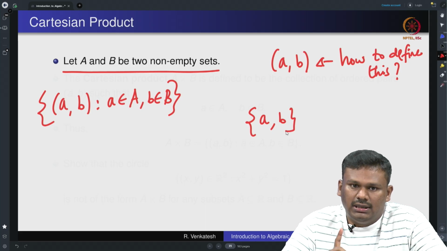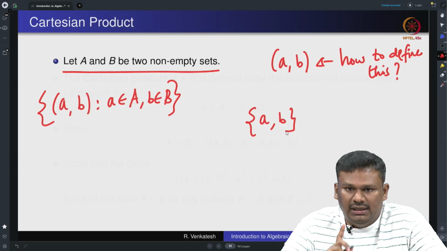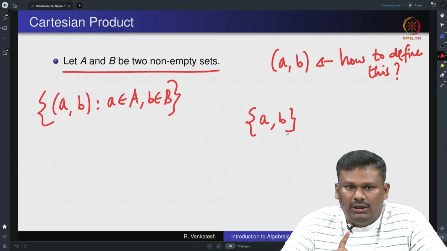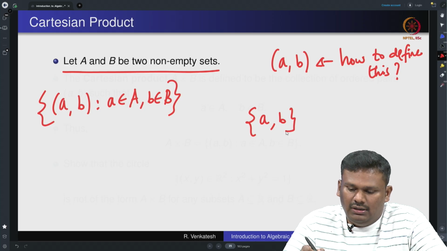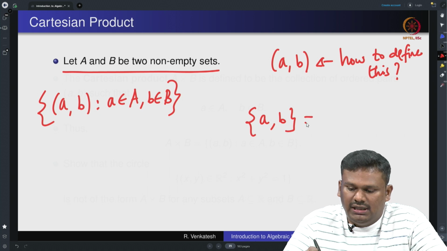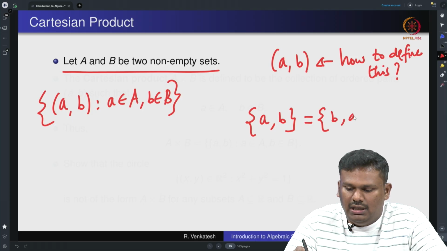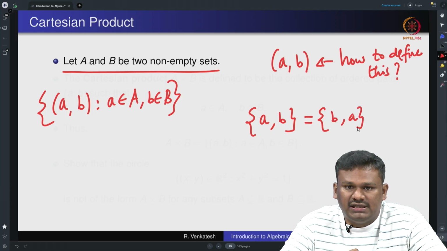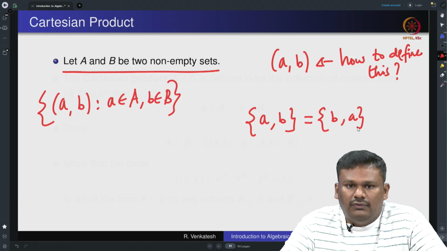The first component should come from capital A and the second component from capital B. But if I look at this 2-set consisting of a and b, then I do not know, because this set is the same as {b, a}. So, I am not able to decide which element I am picking up first.